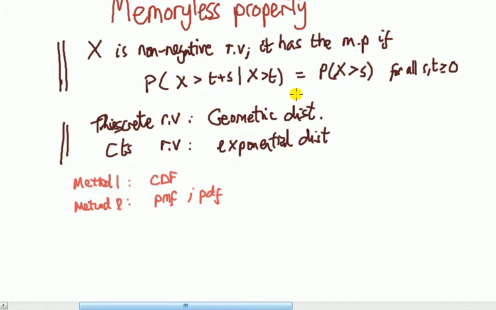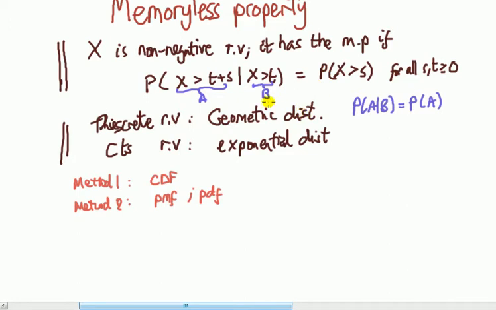Just one more thing before I go to the proofs. In case any of you are asking, are these two events independent? Say this event A, this event B. You should be clear that these events A and B are not independent, because if A and B are independent, given that B has happened, it doesn't affect the probability of A, so it would just be equal to the probability of A. And this is not what this expression is saying.